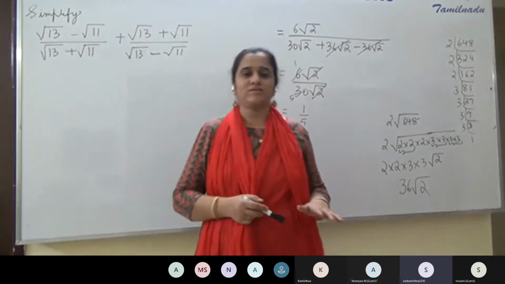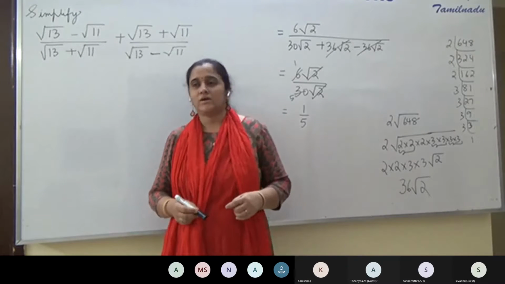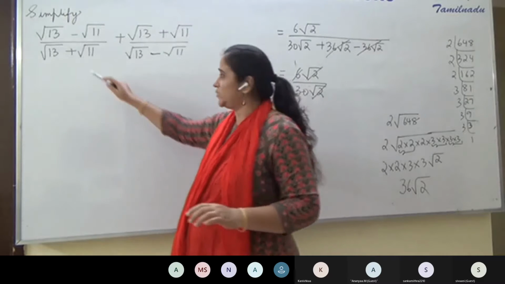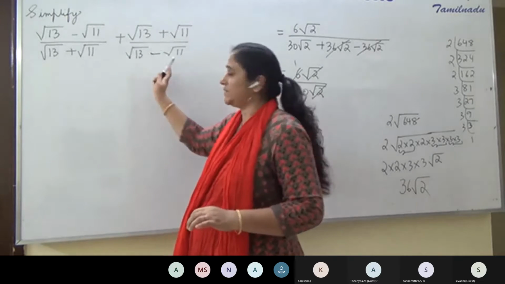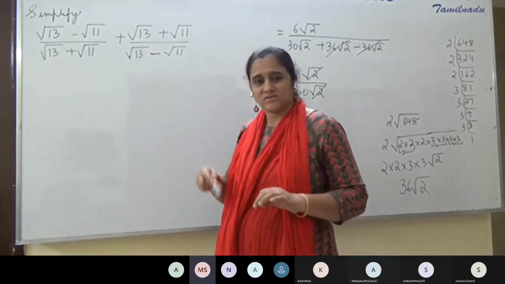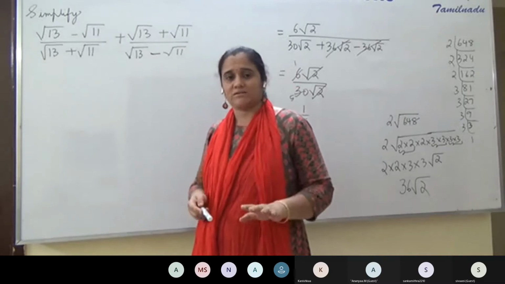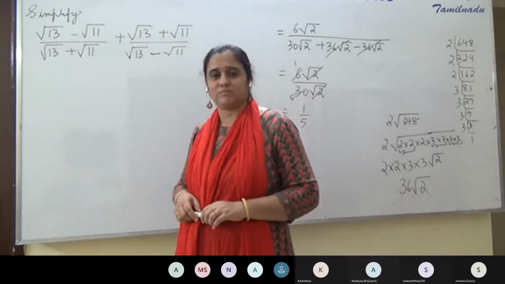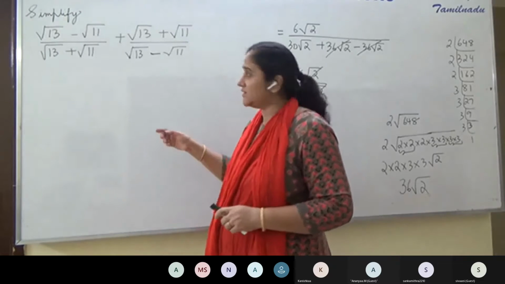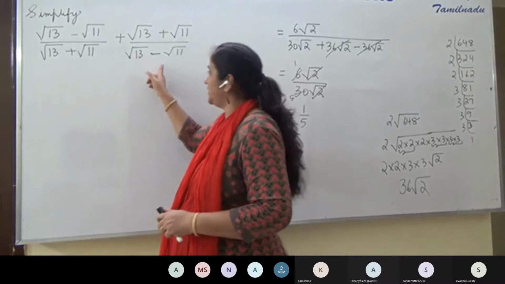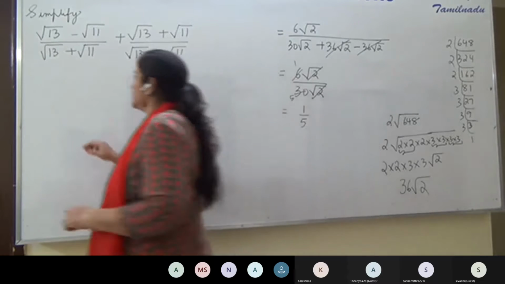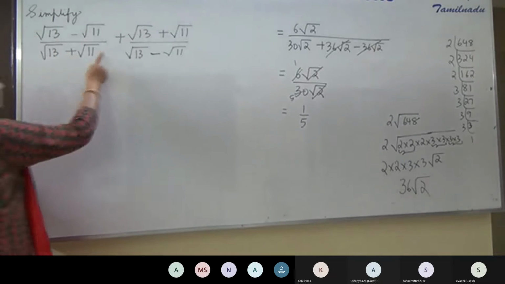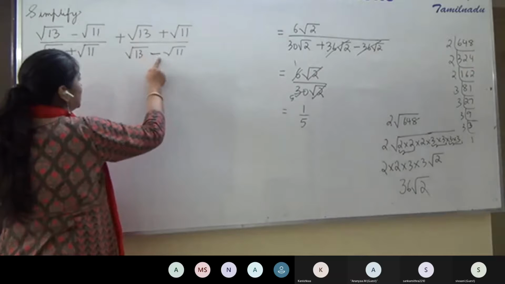What we have understood so far is that we need to work this in step 1, this in step 2, and in step 3, we need to add the results we get in step 1 and step 2. So this is slightly different. That can be done. We can simplify the given expression in that procedure. What you can also do is, since the denominators are conjugates, look at this expression, look at the denominator, and look at this expression, see the denominator.